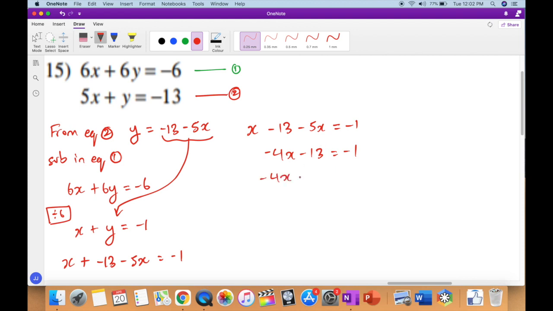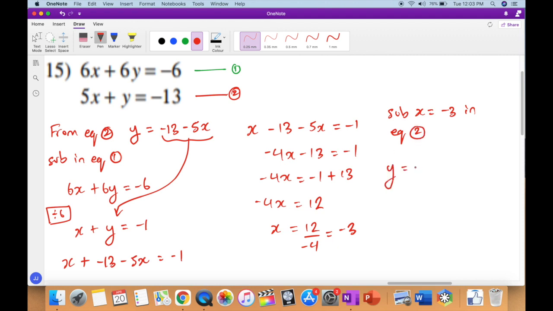Negative 4x is equal to negative 1 plus 13. Negative 4x is equal to positive 12. X is equal to 12 divided by negative 4, which is negative 3. Right? And so now I could sub x equals negative 3 in equation 2.